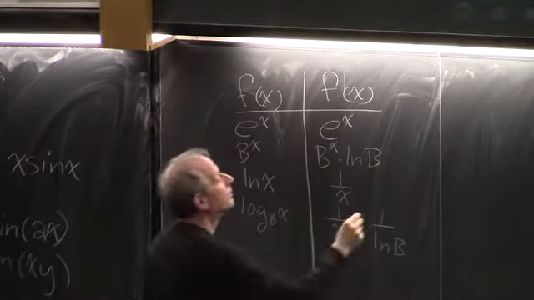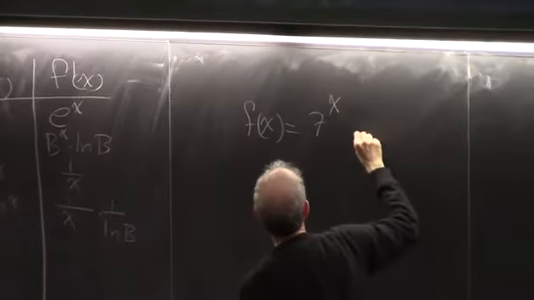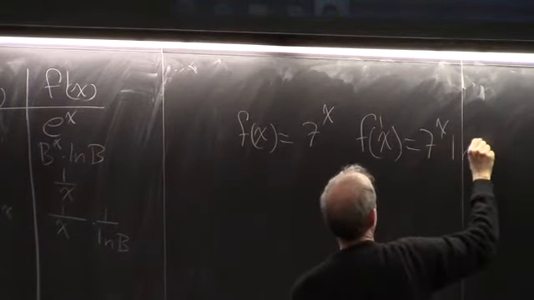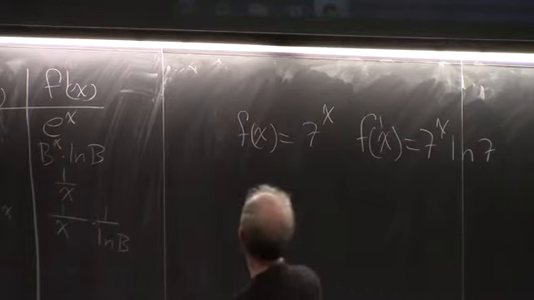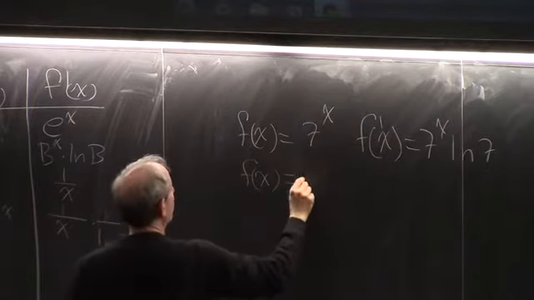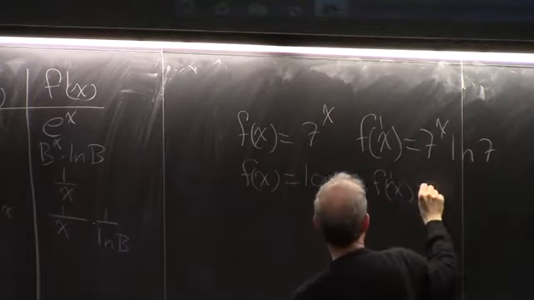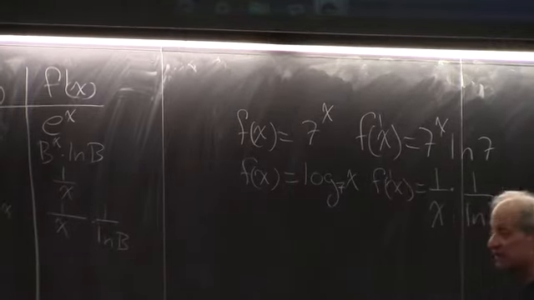So if we gave you f of x is 7 to the x, then the derivative is 7 to the x times log 7. And if we gave you f of x as log base 7 of x, then the derivative would be 1 over x times 1 over log of 7.